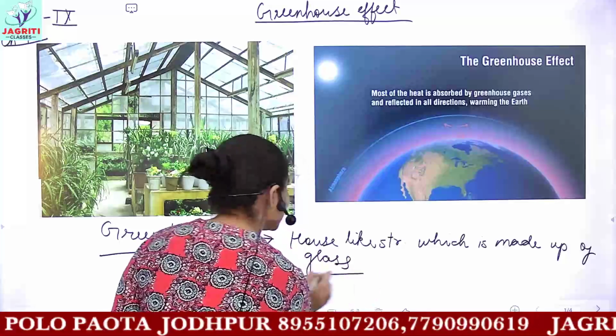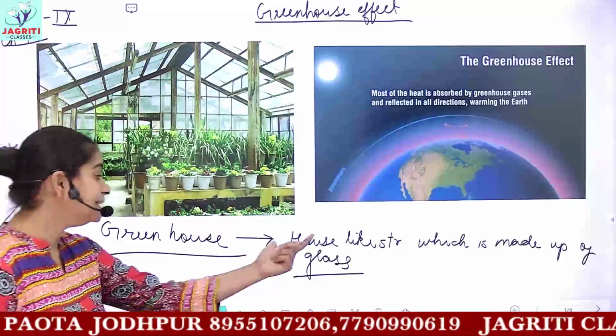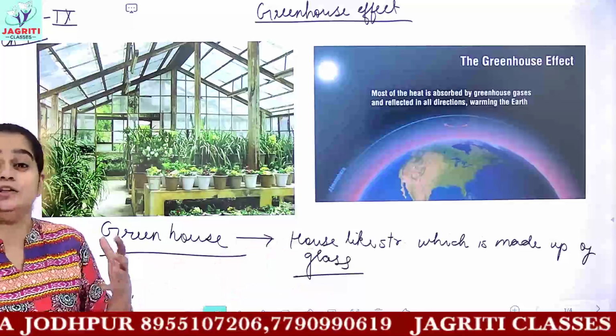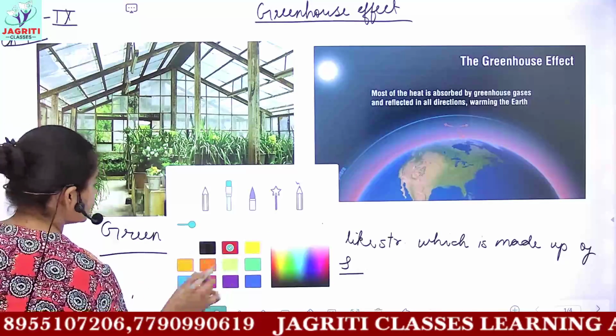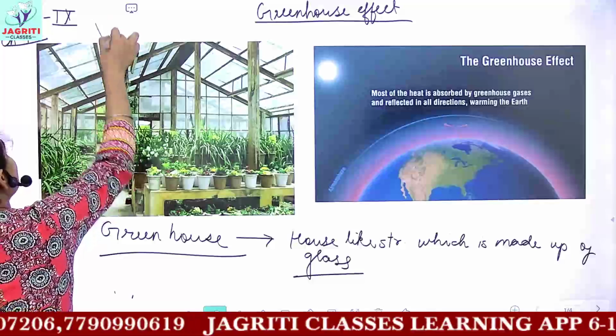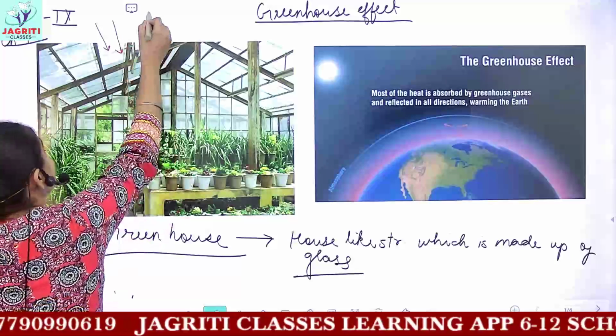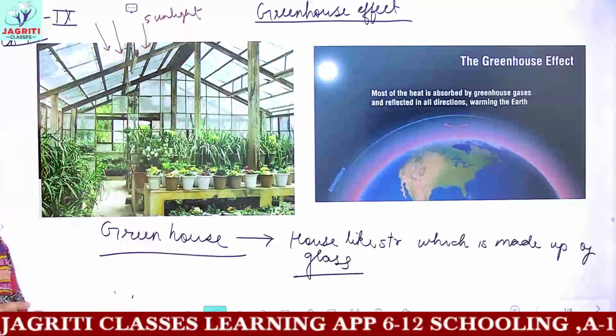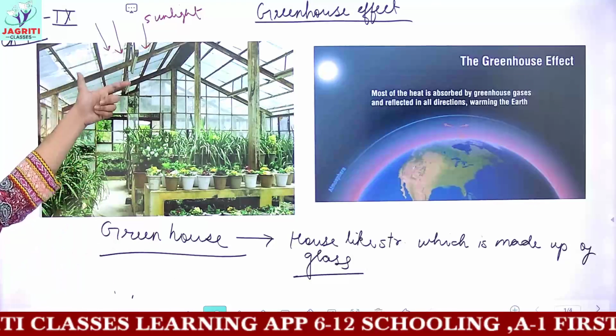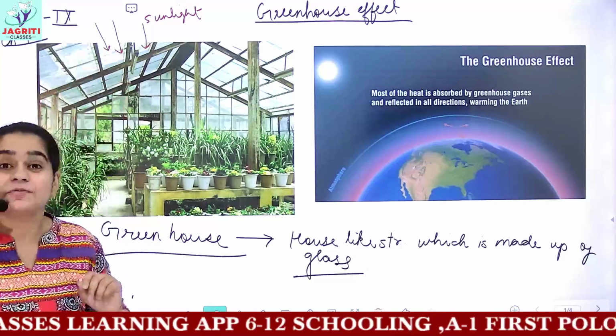Then what is the requirement of this glass, or what is the need for making this structure with using glasses? So the requirement is, whenever sunlight enters this chamber, then what happens? This sunlight is being trapped inside the chamber, and this trapped sunlight, it undergoes multiple reflections.